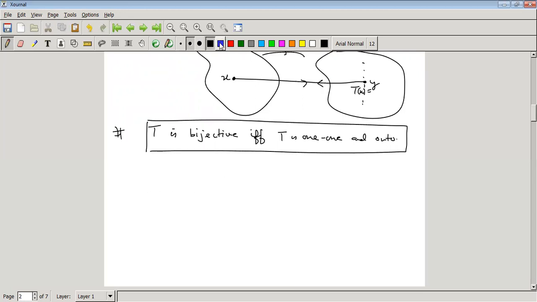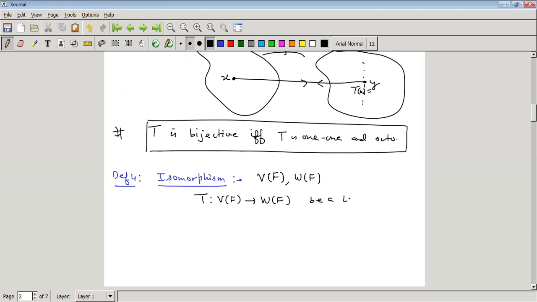Now the next definition is isomorphism. Let V and W be two vector spaces over the same field F, and T is a mapping from V to W, and it is a linear transformation.